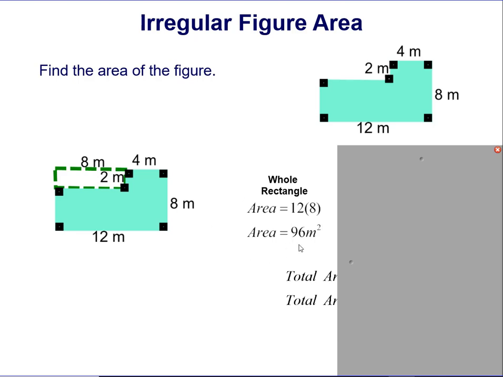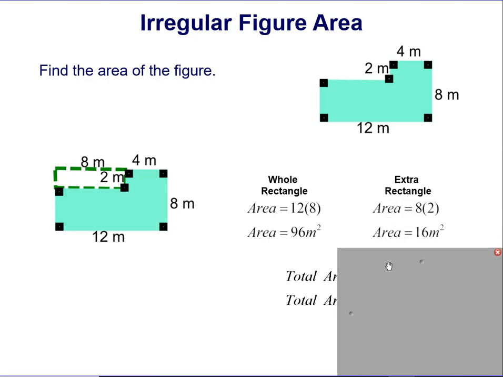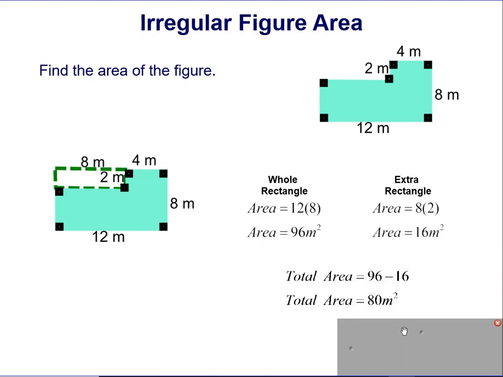So the whole rectangle has an area of 96 meters squared because 12 times 8 is 96. Now I'm going to subtract out the smaller white rectangle, the extra piece, and that is 8 times 2, or 16 meters squared. So 96 minus 16 gets me 80 meters squared, which is the same answer that we got when we used method 1.